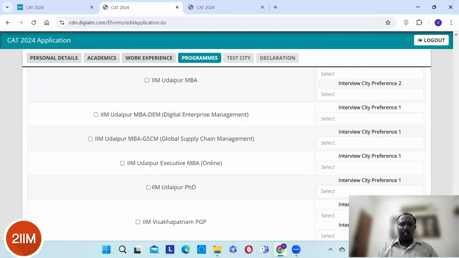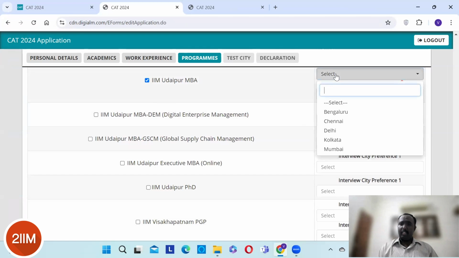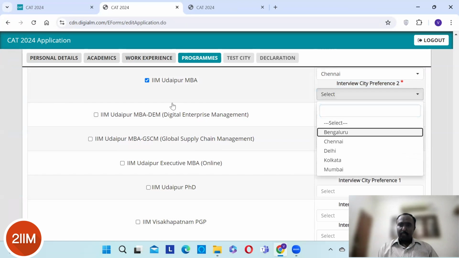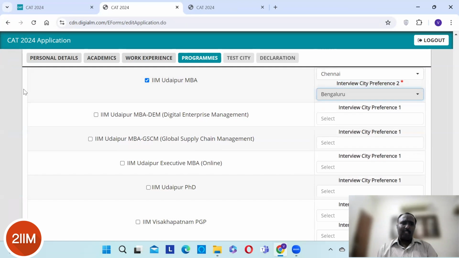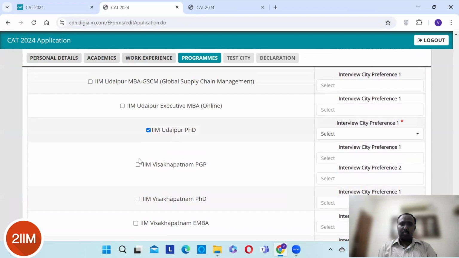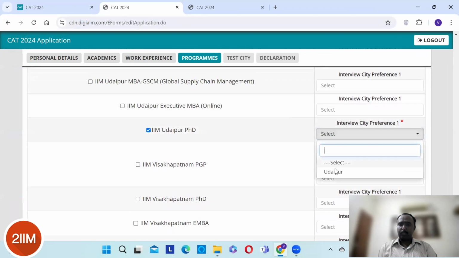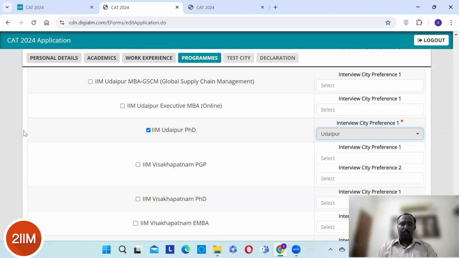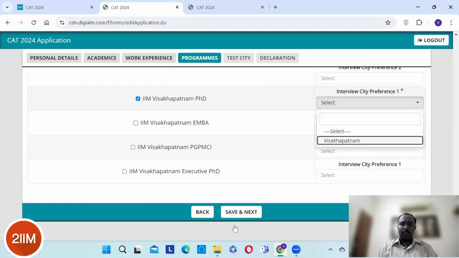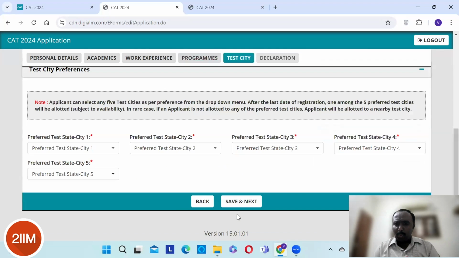So this is about IIM Trichy. Then you have IIM Udaipur. Udaipur is very good, and it's a very fast growing IIM as well. They have very good profiles for marketing, especially. Visakhapatnam is also a fast growing one. So with this, the programs would be done.